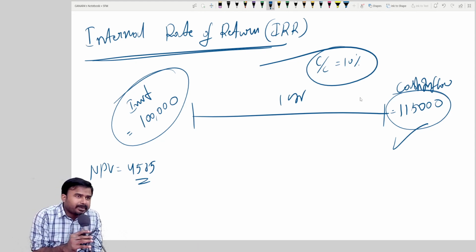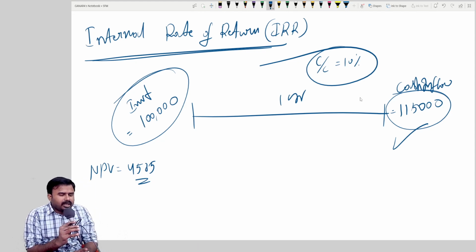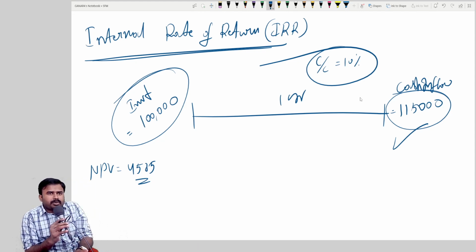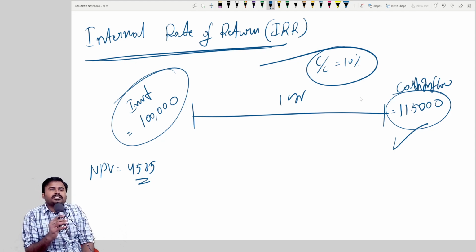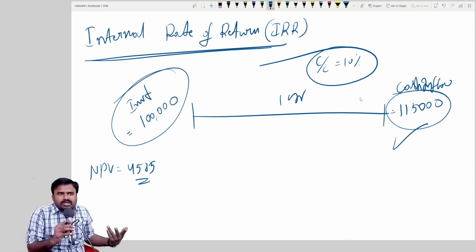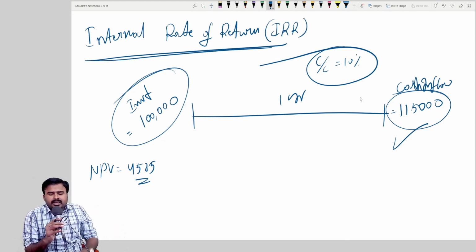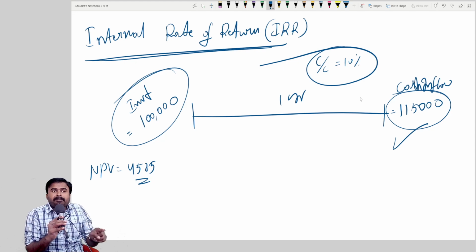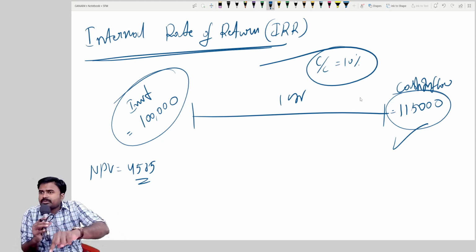I have calculated NPV and that is positive. That means this project is giving me 10% return and also generating some extra positive NPV. This 10% is not the return which is actually earned by the project, because it is my expected return.